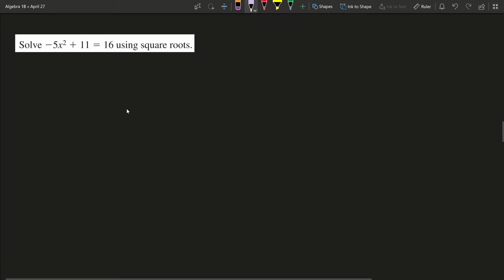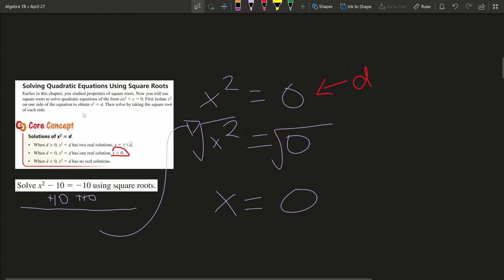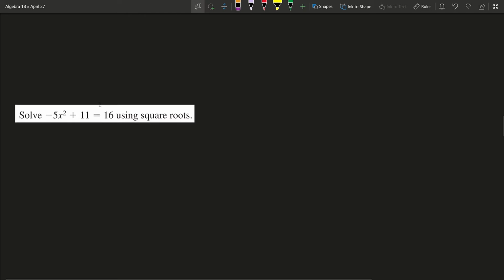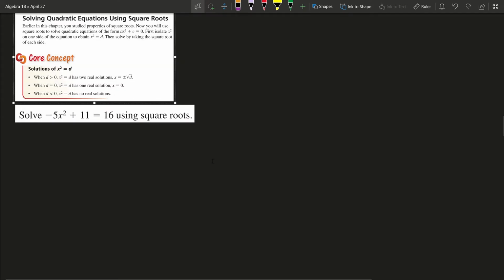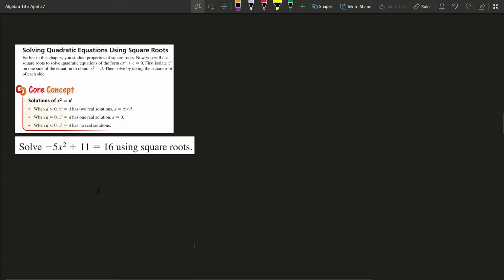Alright, let's try the next one. Negative 5x squared plus 11 equals 16. So once again, let's bring this chart back over here again. Alright, so once again we need to isolate x squared. So let's go ahead and do that. Subtract 11 on both sides.